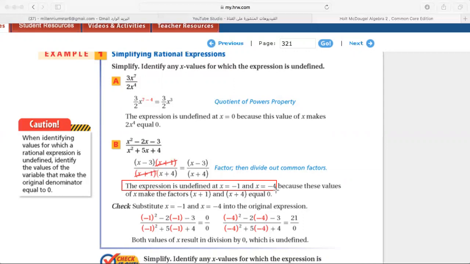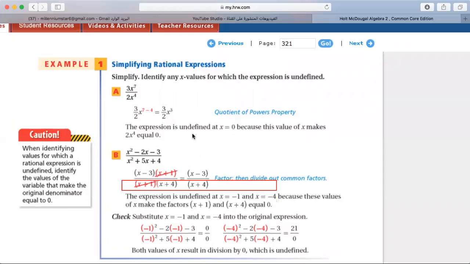So if this will make the factors equal to 0, this expression will be undefined. So please, girls, after factoring and simplifying, you have to write this. The expression is undefined at x is equal to negative 1 and x is equal to negative 4. Okay?